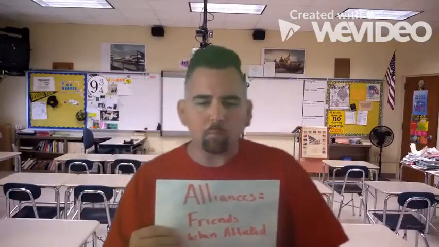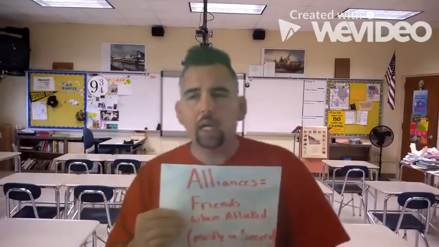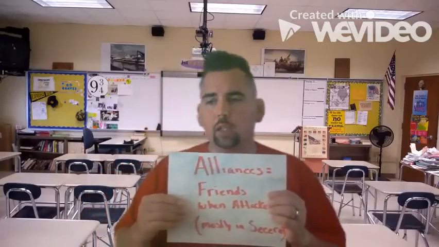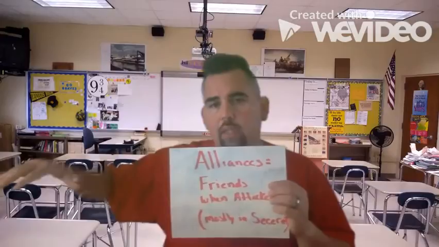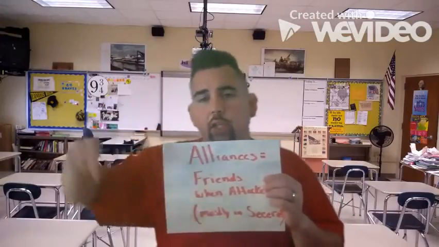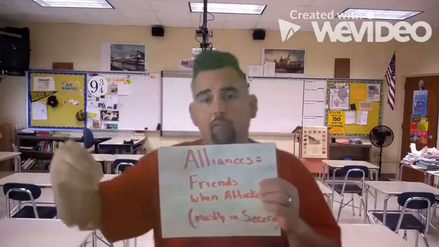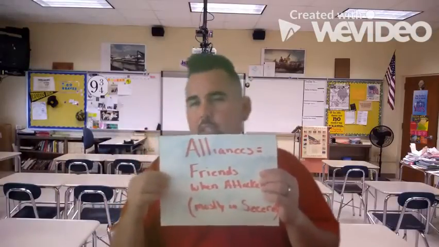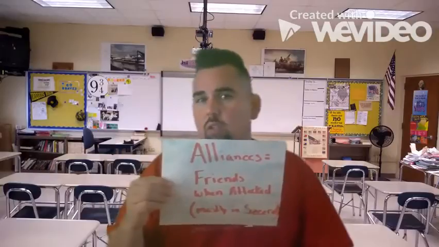Let's say you were a smaller country; you would make a deal with another country and say, if one of these other countries wants to attack us, then you'll attack them on our behalf. Those secret alliances caused a lot of problems for a lot of those Central European countries involved in the creation of World War I.